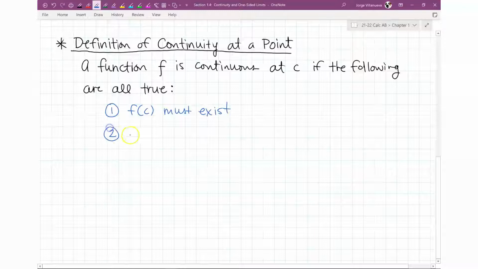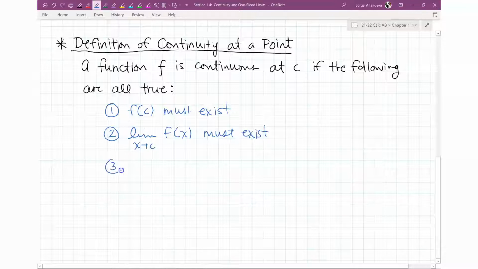Number two, the limit as x approaches c of f of x must exist. So not only must it have an actual answer, but it has to also have a limit at that point. Okay?